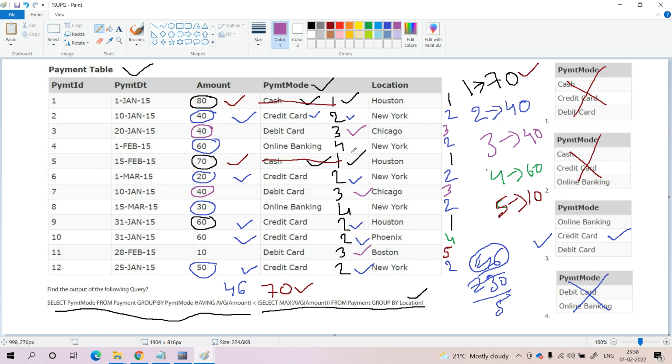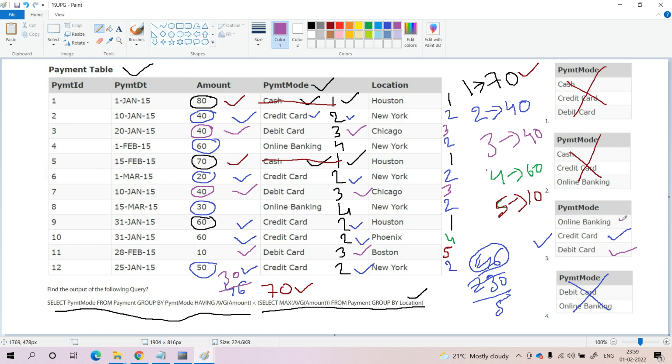Let me take another color. Now calculate the debit card related amount. 40 plus 40, 80; 80 plus 10, 90. 90 by 3, for this debit card payment mode, the average that we are getting is 30. So 30 is always less than 70, so debit card is also one of the options in the output table. Debit card is available in the third option, so there is no problem. Definitely the third option is the right option.